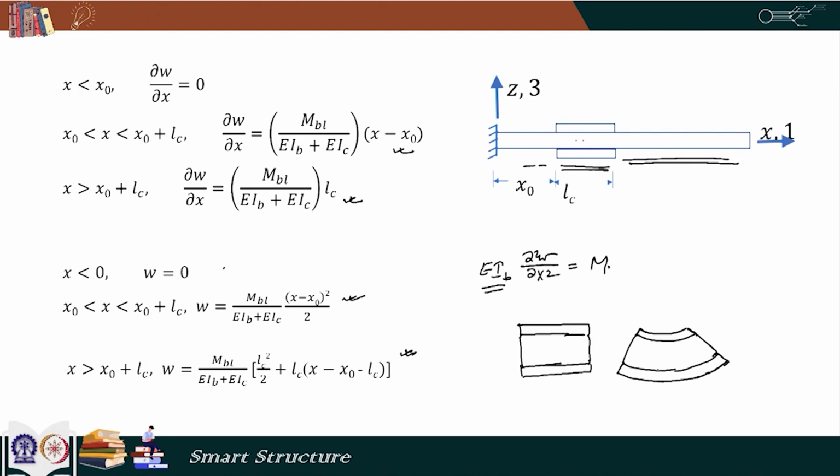Which means the strain is changing in the piezo part as we go along the thickness of the piezo. However, in the block force method, our piezo strains are same along the thickness. So, this variation we are ignoring in our block force method. So, that is why it gives some difference in the results.